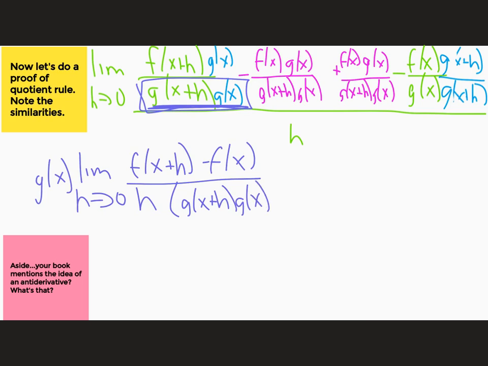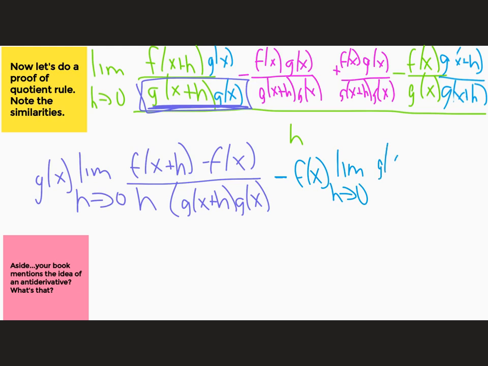And then similarly, over yonder, see how I have a minus in front of my g of x plus h? I'd like that to be flipped, because I would like that to be a plus. So I want to subtract. I can take the f of x all the way out, limit as h goes to 0.